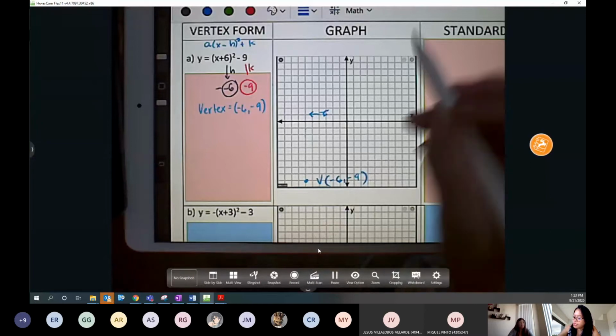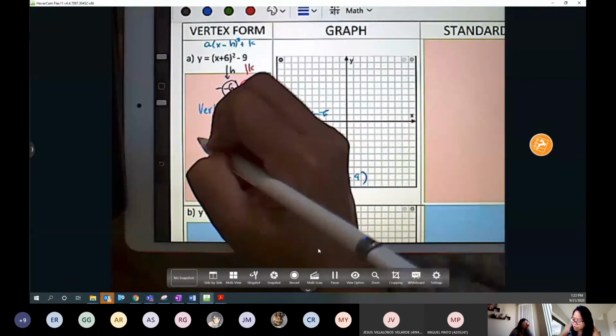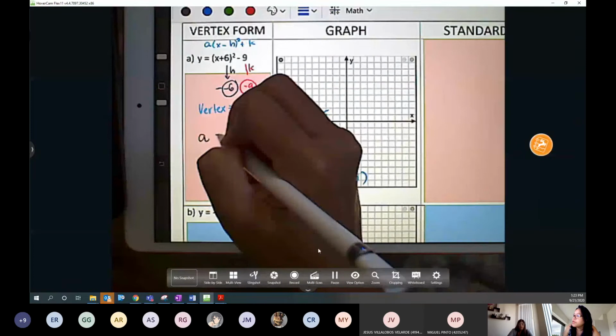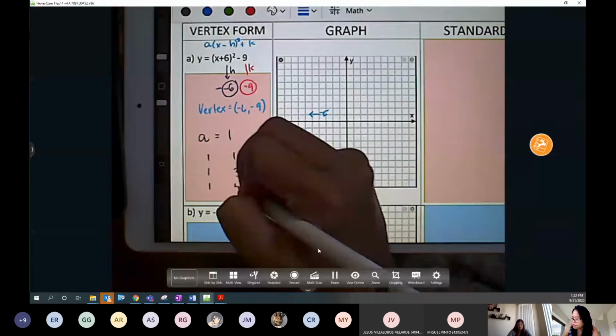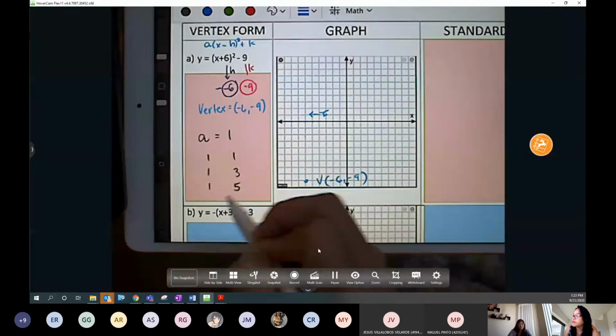Okay, and then we get our A. Our A is 1, so the movement is going to be 1, 3, 5. This is always going to be 1, 3, 5.